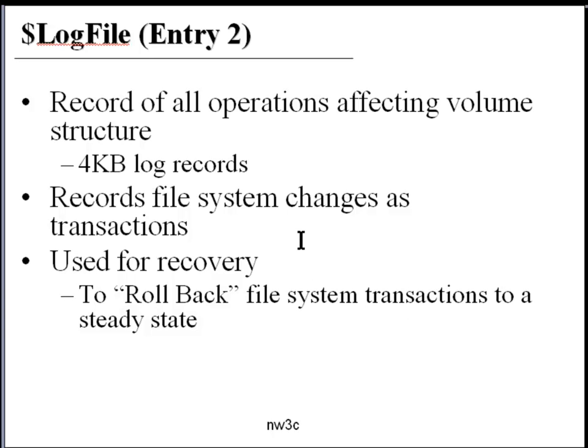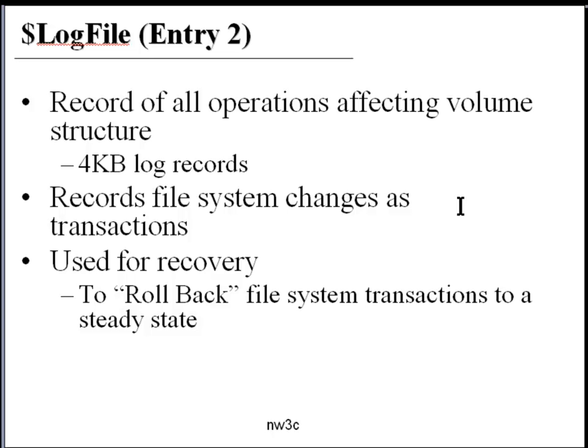The log file is a record of all operations affecting a volume structure. And each of these is 4K in length, and the log file records file system changes as transactions.